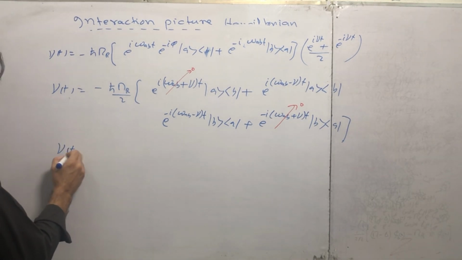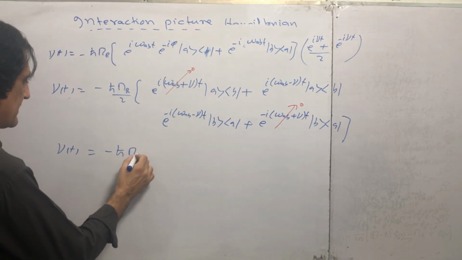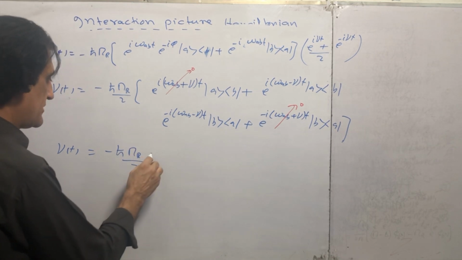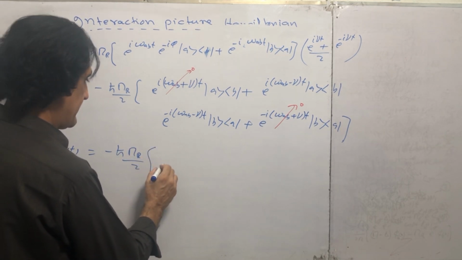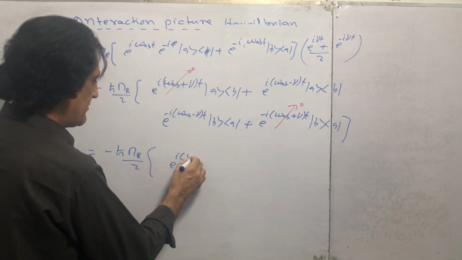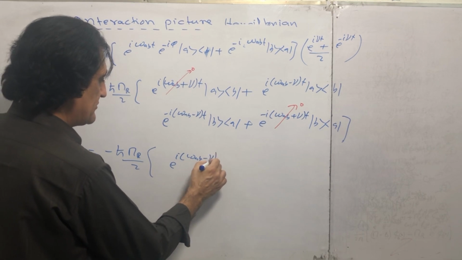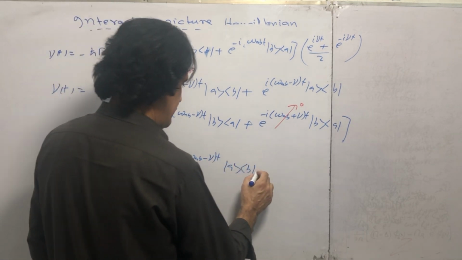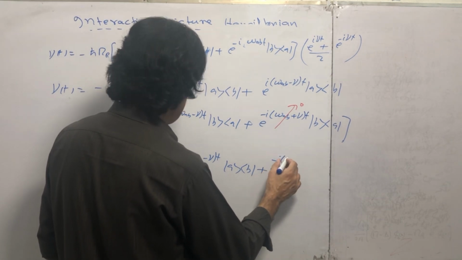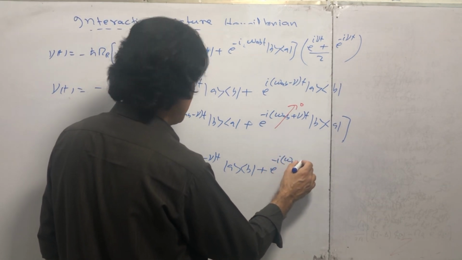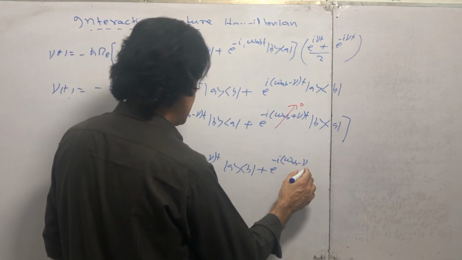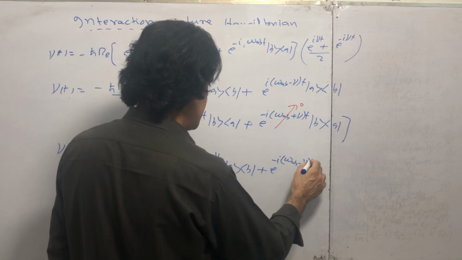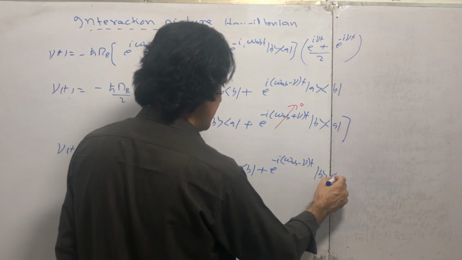And finally, we have minus h cut omega r divided by 2 and e to the power iota omega ab minus nu t ab plus e to the power minus iota omega ab minus nu t ba.